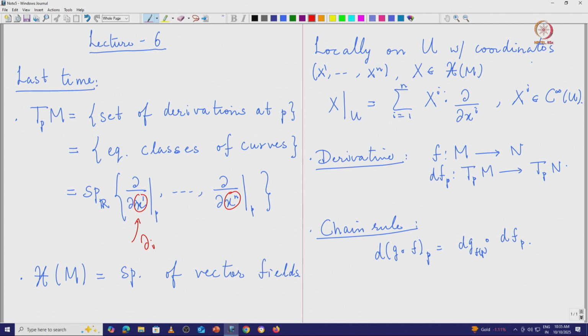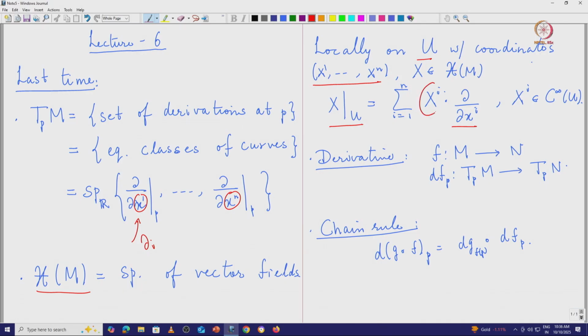So next we had introduced vector fields. So this fancy X of M is the space of all possible vector fields on M. So locally on an open set U with coordinates x1 to xn, I can write any vector field X restricted to U as a linear combination of these basis tangent vectors.